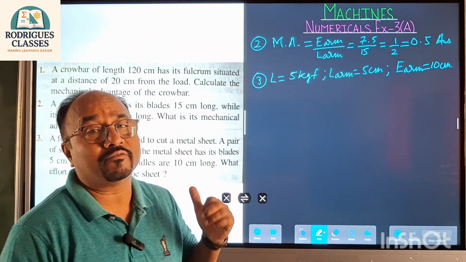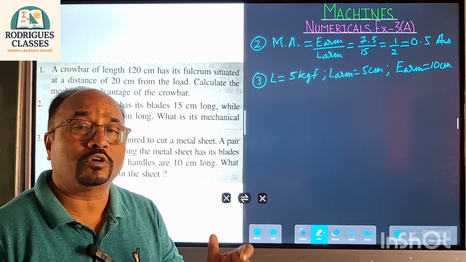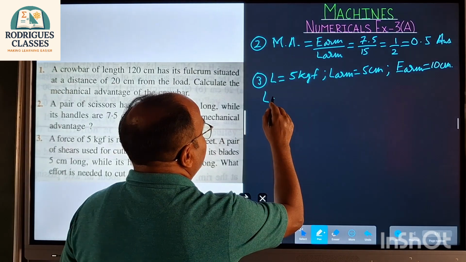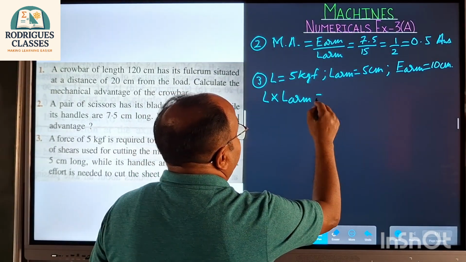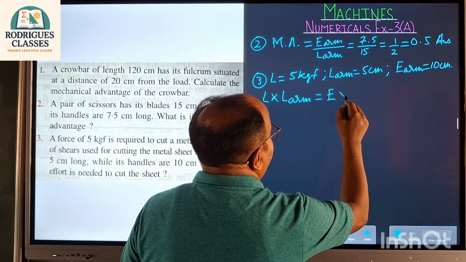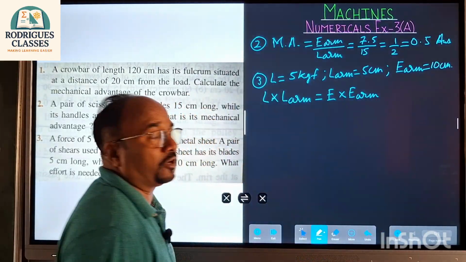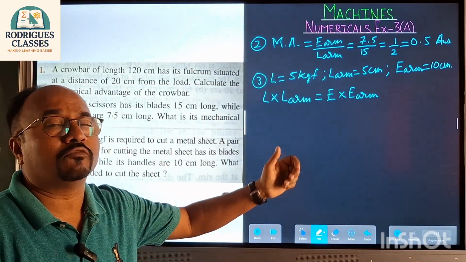This formula I have not written in the beginning. If you want to make use of this formula, you can note it in that formula place. This formula, load into load arm equals effort into effort arm, comes by the principle of moments, and if you remember this, it saves the steps of working out.